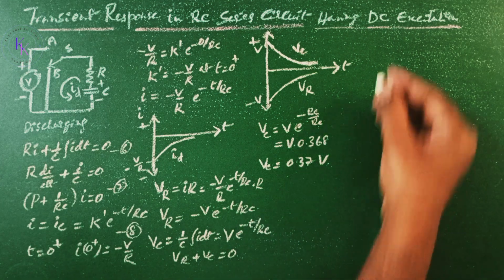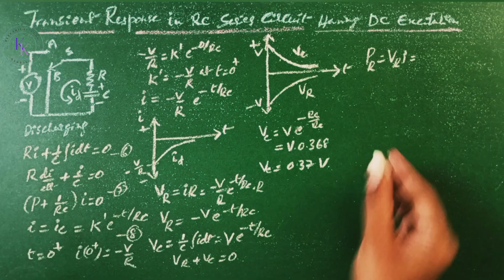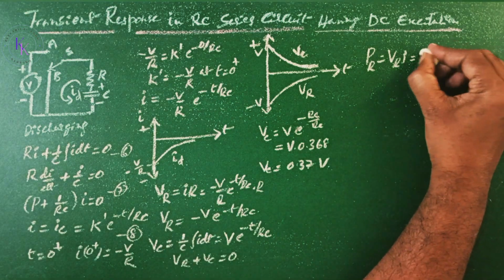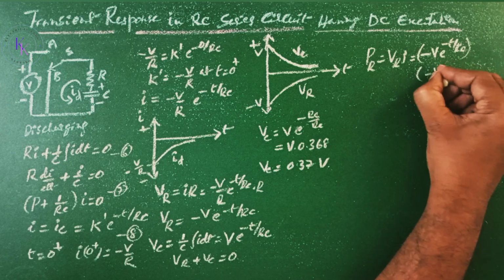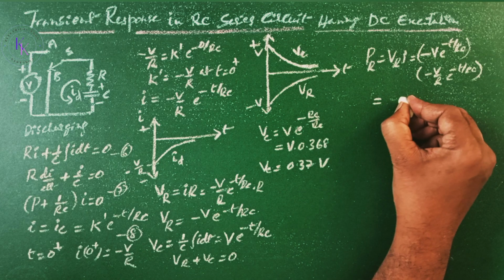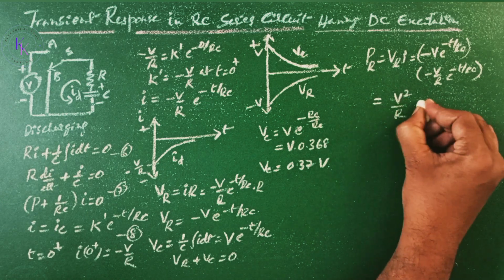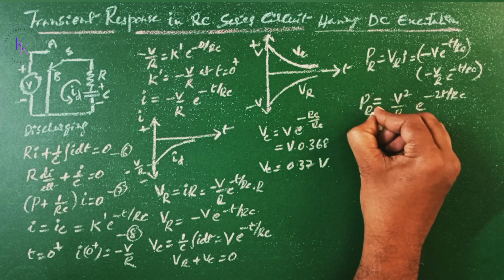Now the instantaneous power P_R is given by V_R into i, that equals minus V e to the power of minus t by RC multiplied by minus V by R e to the power of minus t by RC. That equals V square by R e to the power of minus 2t by RC, which is P_R.